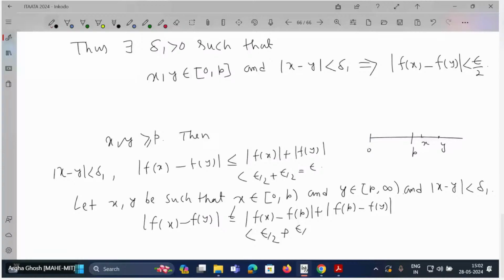If you put epsilon by 2 over here, then you'll have epsilon. So put epsilon by 4 and epsilon by 2, which is less than epsilon. That's how you can solve this problem. This is the idea we are just using. If there is any flaw, please let me know.